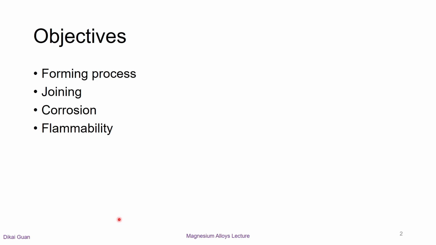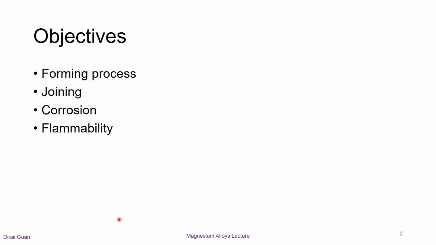First, we will cover some forming processes in the magnesium industry like rolling, extrusion, and forging. Second, I will introduce different joining techniques in magnesium alloys. Third, we will focus on corrosion problems of magnesium alloys, since the poor corrosion resistance of magnesium alloys has been their Achilles heel, restricting their application in several sectors.